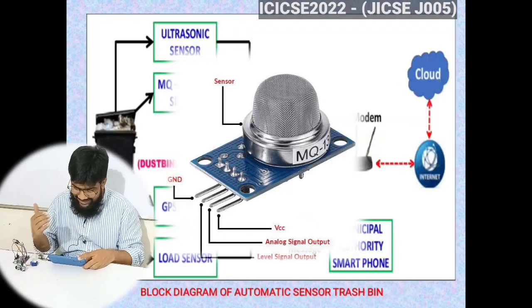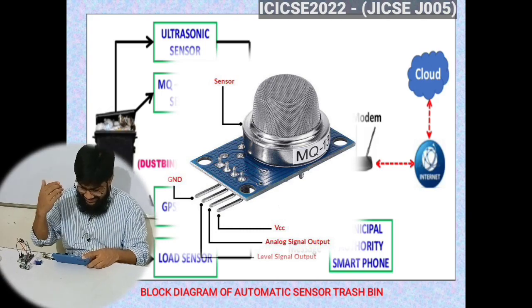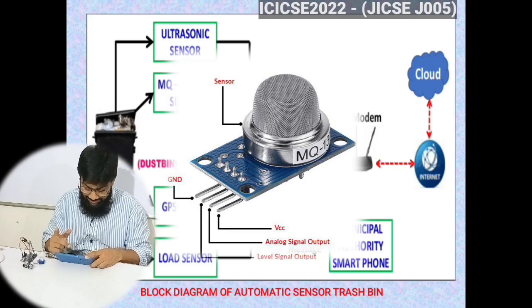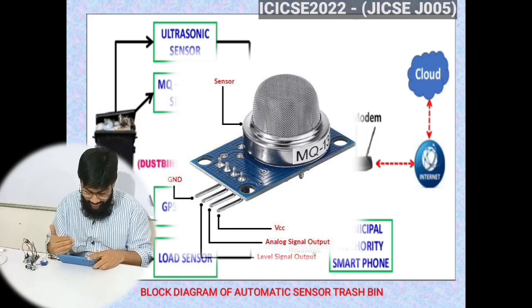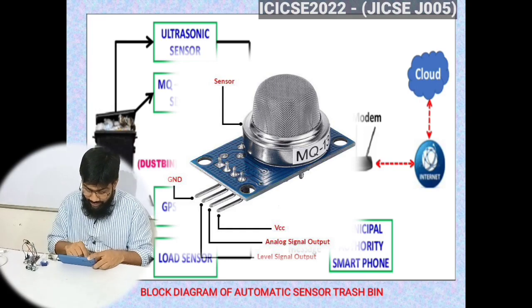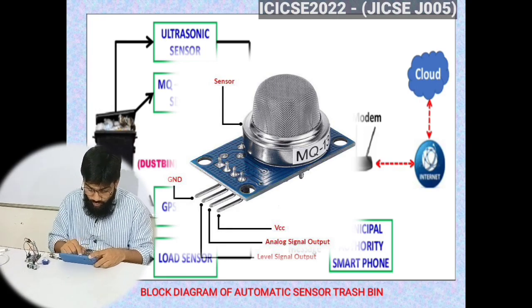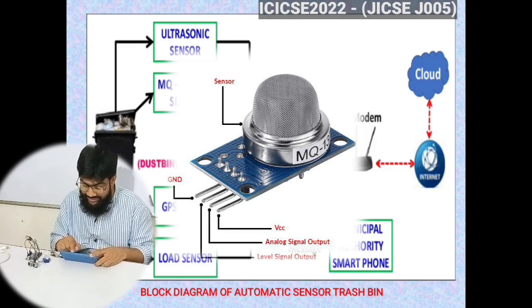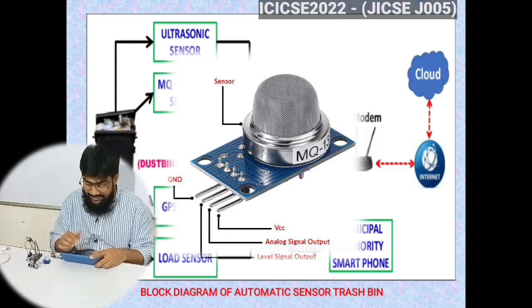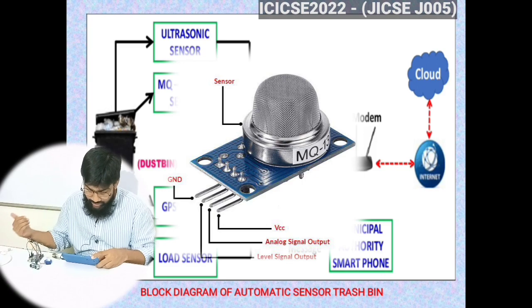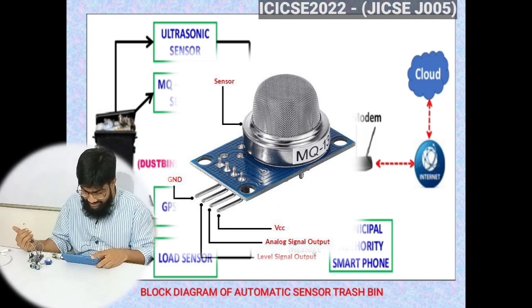As I told you, if the dustbin is getting filled up, the ultrasonic sensor sends an ultrasonic signal and calculates the time taken for the wave to return. Then it will trigger a signal, and that signal goes from your microcontroller to the ESP Wi-Fi module, to your Wi-Fi modem. Through that it's connected to the internet and cloud, and the municipal authorities will get a message on their smartphone, and they'll empty that particular bin.